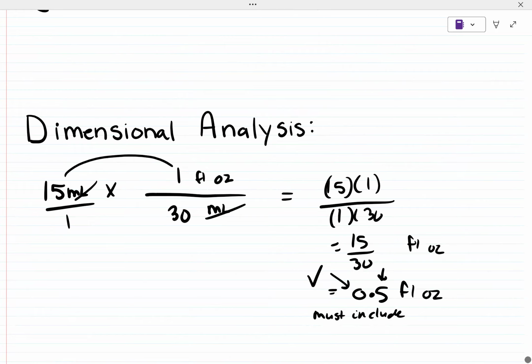We never include trailing zeros, but we must include leading zeros. So the key is if you have a decimal, you must include leading zeros, but we never include trailing zeros.